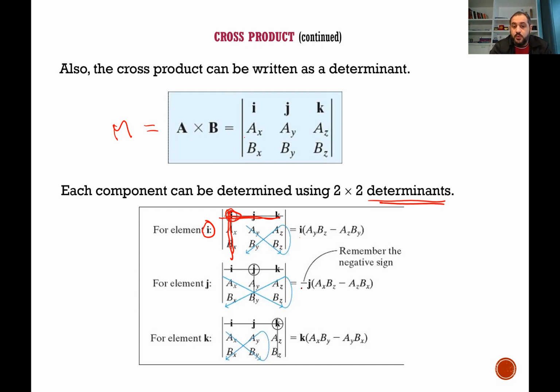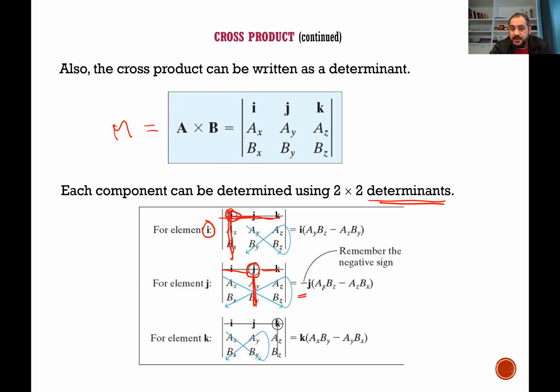This is the rule. When we come to j, remember the signs: plus, minus, plus. So plus i with its determinant, minus j with its determinant. j here is in the first row and second column, so we are left with the i and k components only.